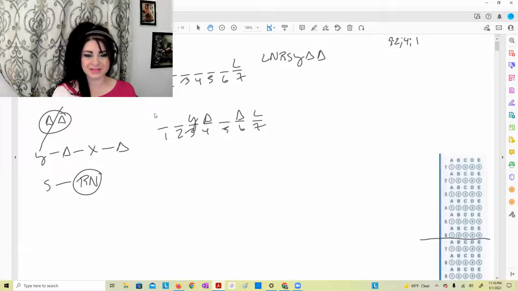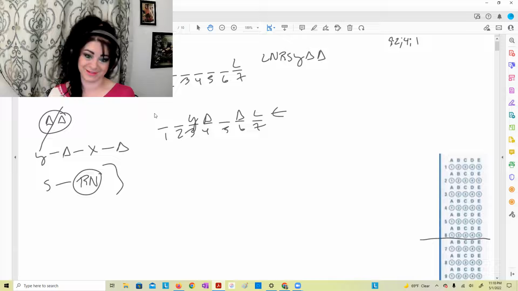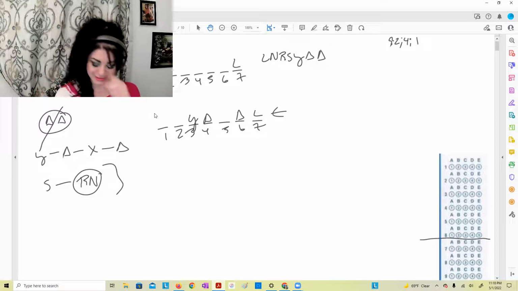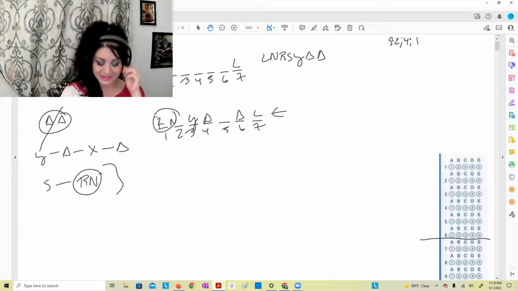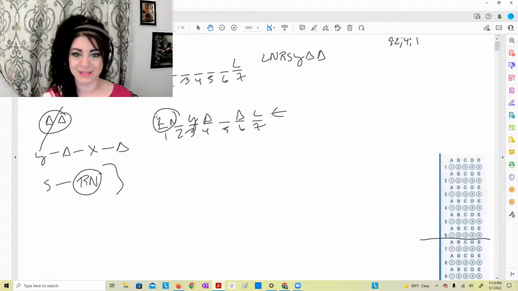Except here's the thing, how would this rule play out? Because R and N need to be next to each other, and now I don't have a way to put R and N next to each other and also behind something. The only 2 spots that are next to each other are right here, and then they wouldn't be behind S. So Y can't be in 3.